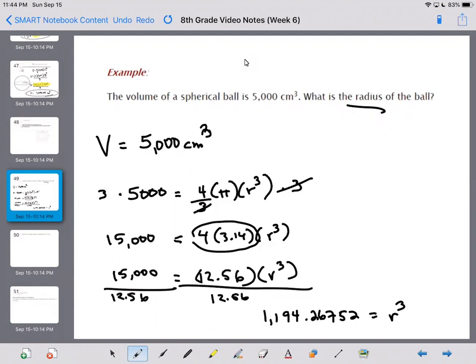And so I'm just going to hit the cube root button of that. So that's going to be about 10.6. And since this is centimeters, the radius would be about 10.6. So that's a problem where you knew the volume and you needed to solve for the radius.